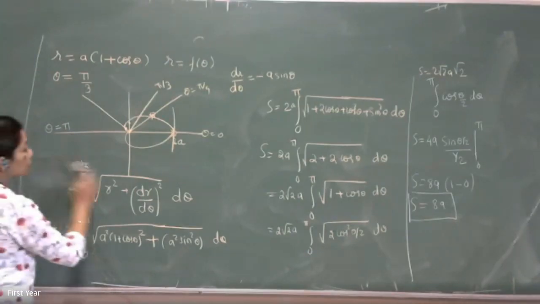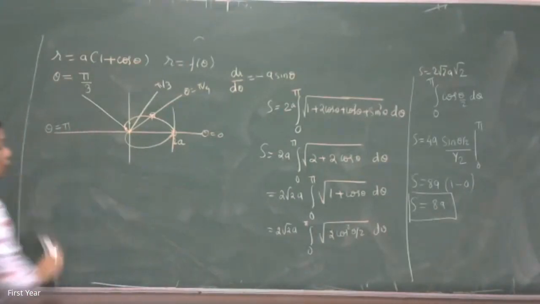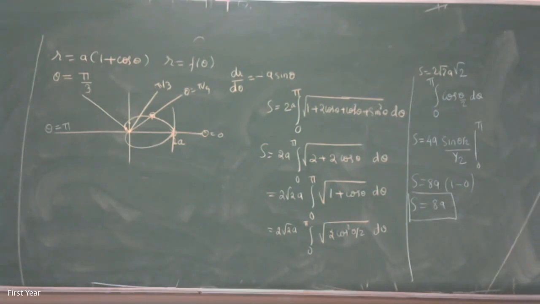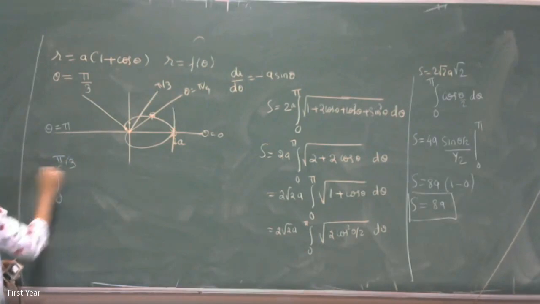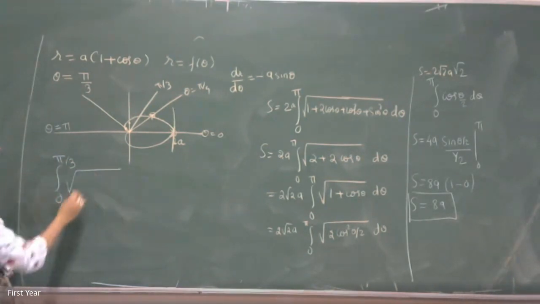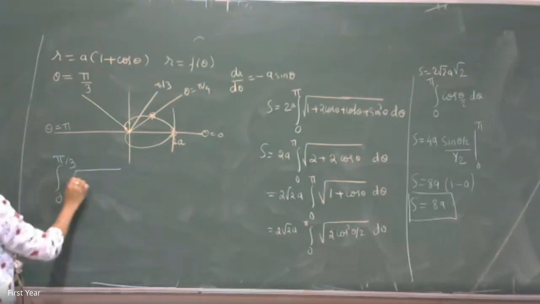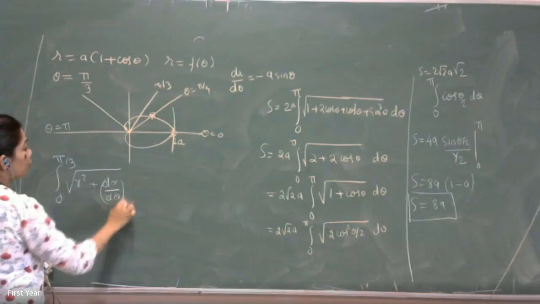The second part is you will show that the line theta is equal to pi by 3 divides the upper arc in half. So if I try to find the length from 0 to pi by 3 of the arc, which is 1, what is that? Same formula, root of r square plus dr by d theta, the whole square into d theta.